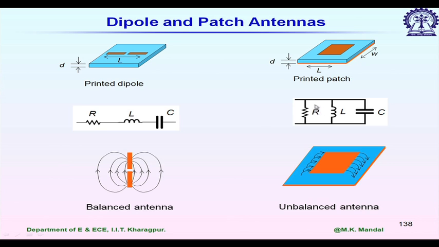Now, how do we determine that the printed dipole should be represented by a series resonator and the printed patch by a parallel resonator? We can simply calculate the input impedance, or if the calculation is too complex, we can use any full wave simulator or electromagnetic simulator to simulate the structure, and that is how we get the input impedance.